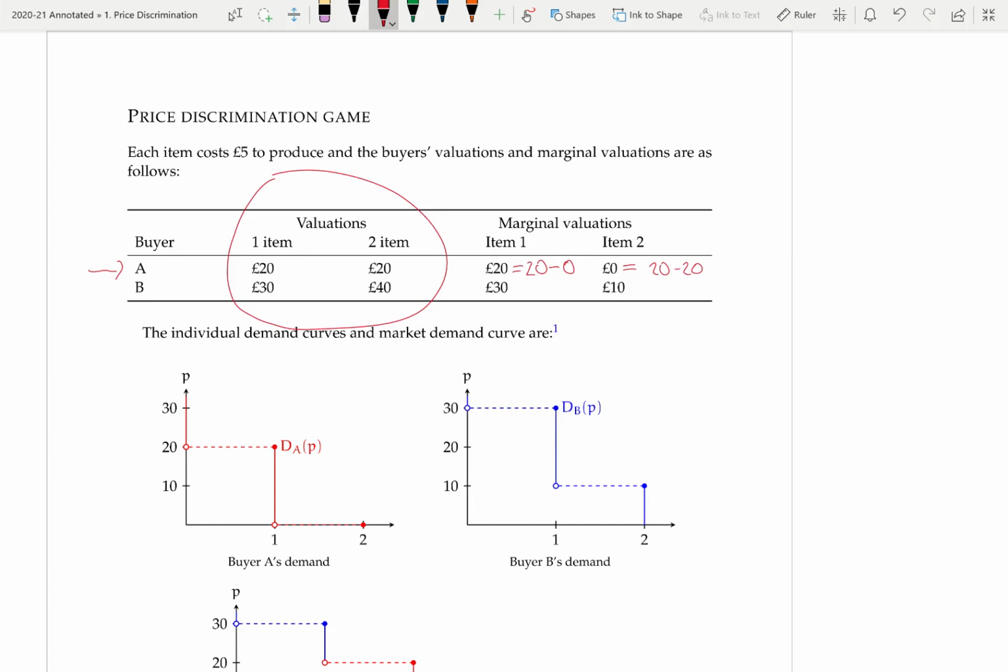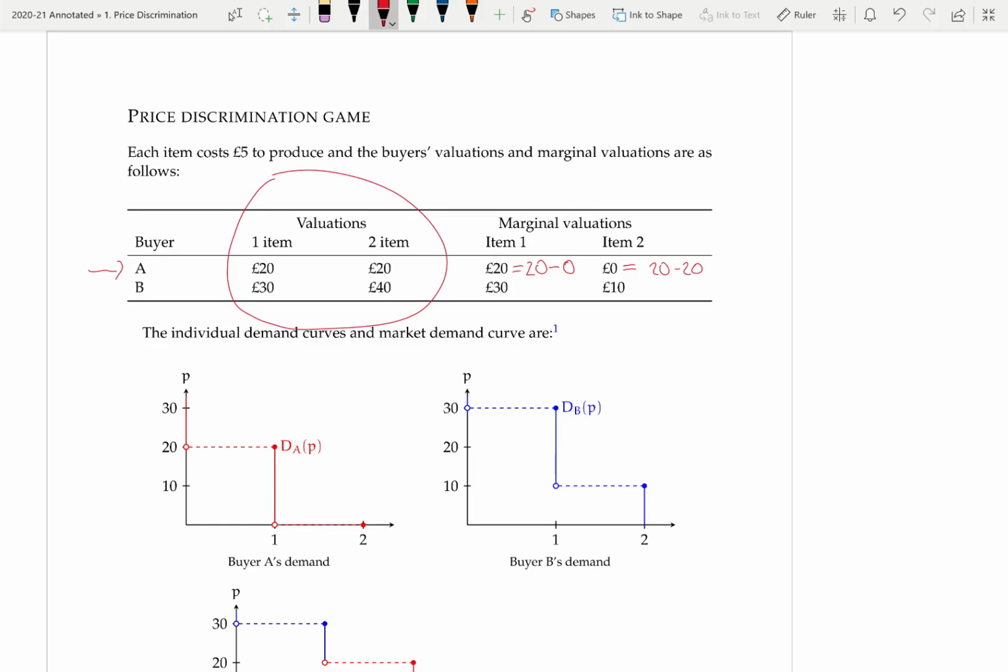This is because the willingness to pay or valuation of buyer A for that item, the marginal valuation, is more than the price. Now, will buyer A ever buy the second item? Well, no, because the price is not going to be less than 0. We're only looking at prices which are positive, or 0. And buyer A is only going to buy a second item if its price is 0. If the price is 0, buyer A is indifferent between buying or not, because their marginal valuation of the second item is 0.